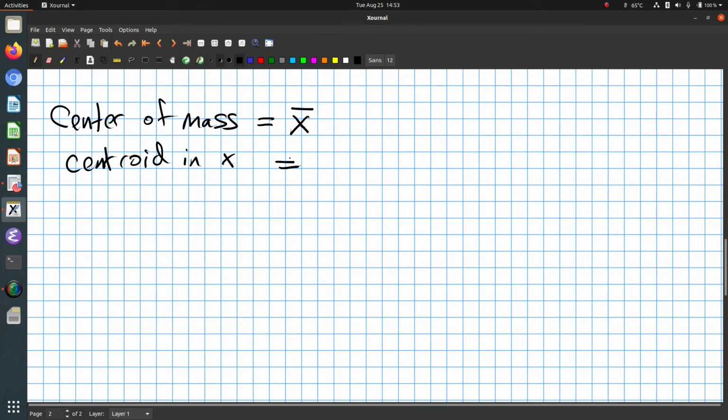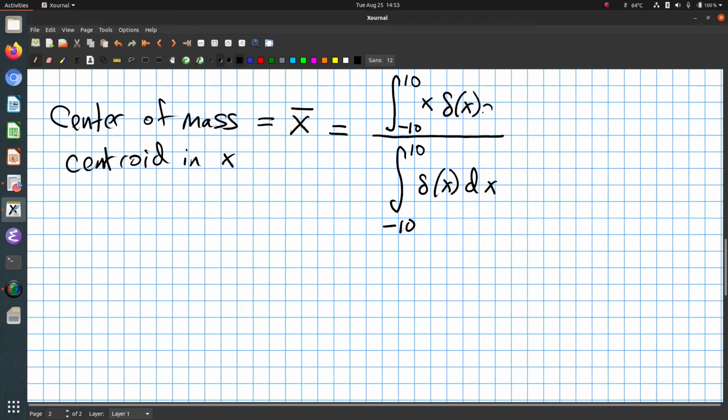And the way that we find it is by way of a ratio of two integrals. We've got the mass integral that we already had. So that's the mass integral. And we have what's called the moment integral. And the moment integral looks very much like the mass integral, except that it's got an extra x.